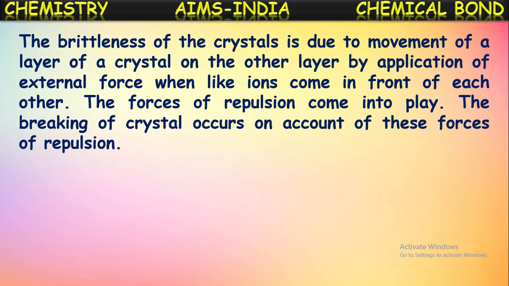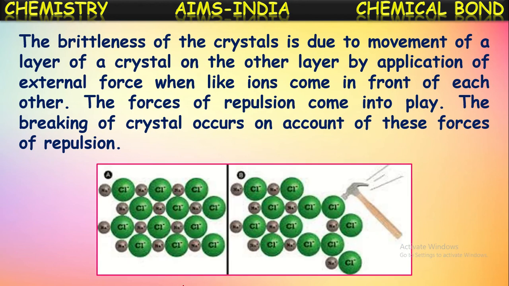when like ions come in front of each other. For example, sodium chloride in the form of rock salt is a hard solid because its oppositely charged ions are tightly held. When it is beaten, with a certain external force applied, these ions will be dislocated.